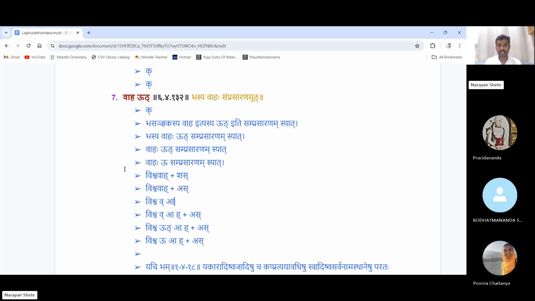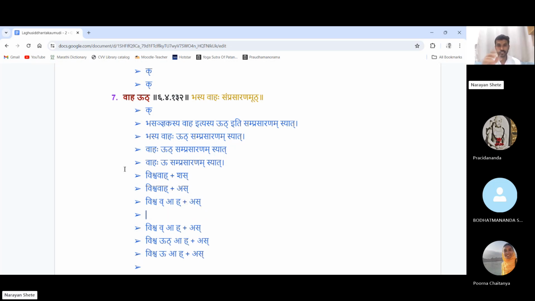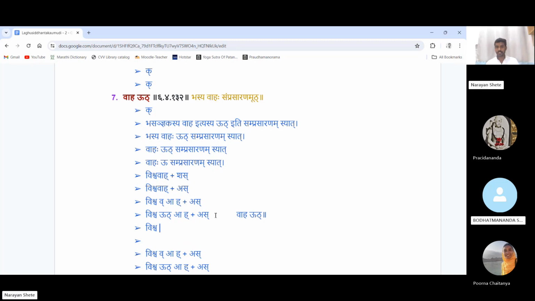Va Ha As, and then Va gets replaced by Ut, Vishwa Ha. The sutra for this is Vaha Ut. Then Vishwa, U only remains of Ut.